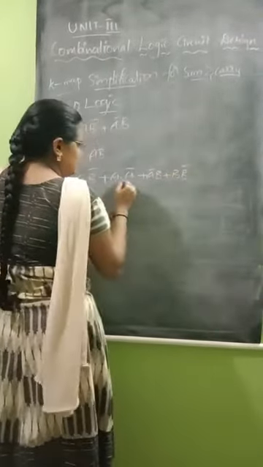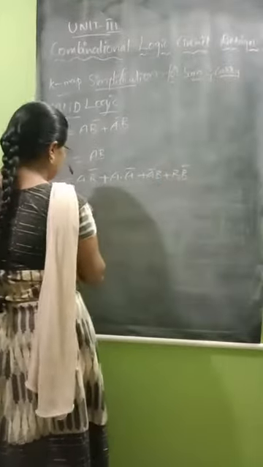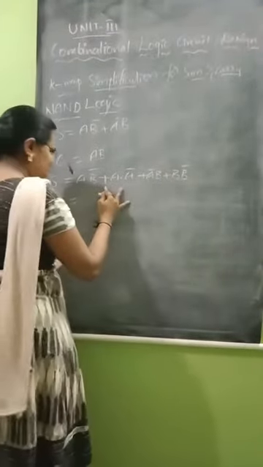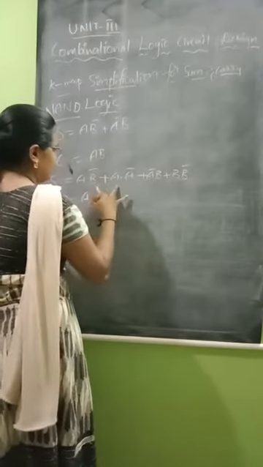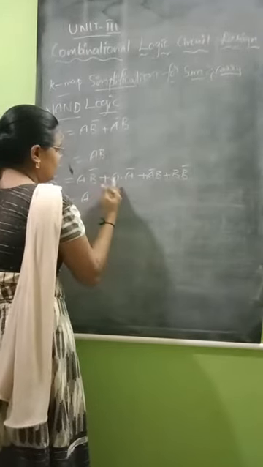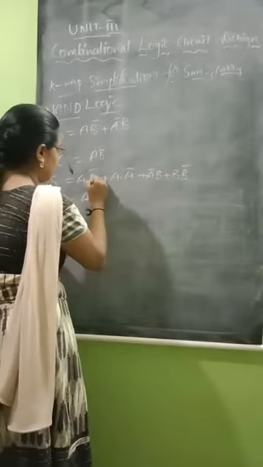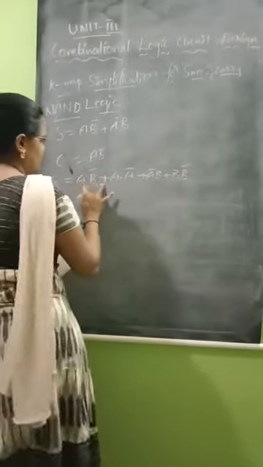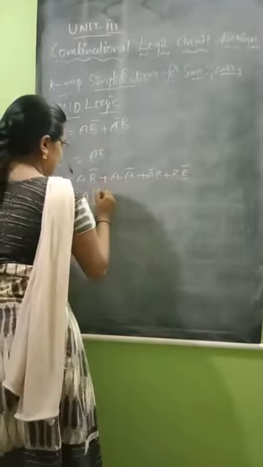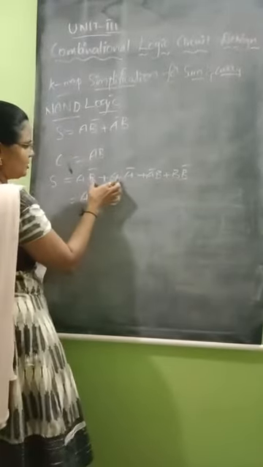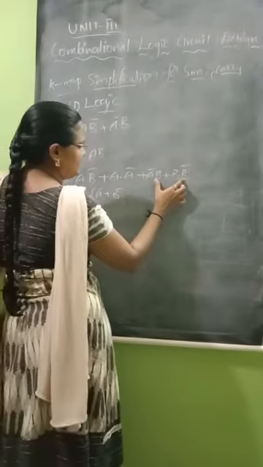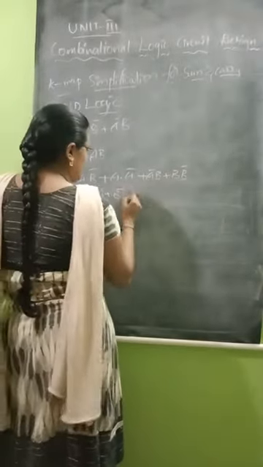So this one and this one we can add. Here the common term, or we can write separately. In these two terms A is the common term, A bar plus B bar, and in these two terms B is the common term.